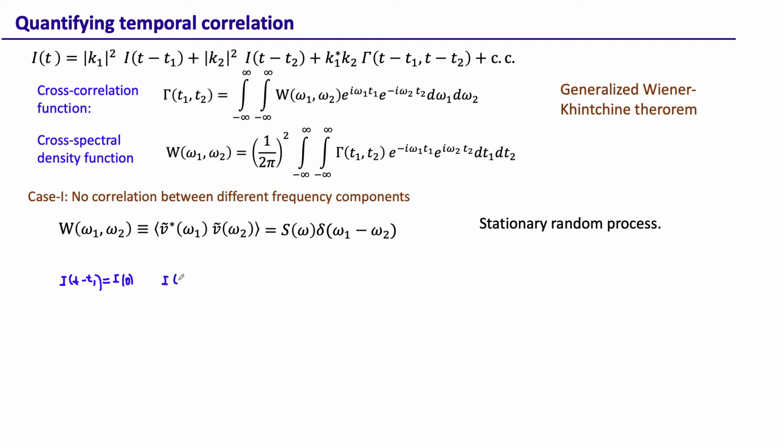Similarly, I(t minus t2) is also independent of time, and then the correlation function gamma(t minus t1, t minus t2) depends only on the time difference, and so it is just a function of tau, where tau is t2 minus t1.